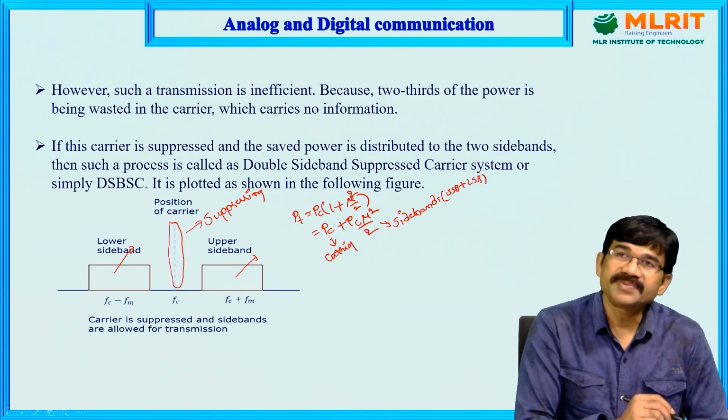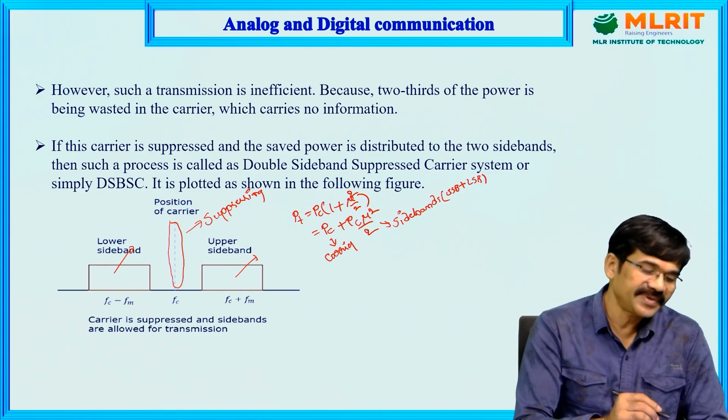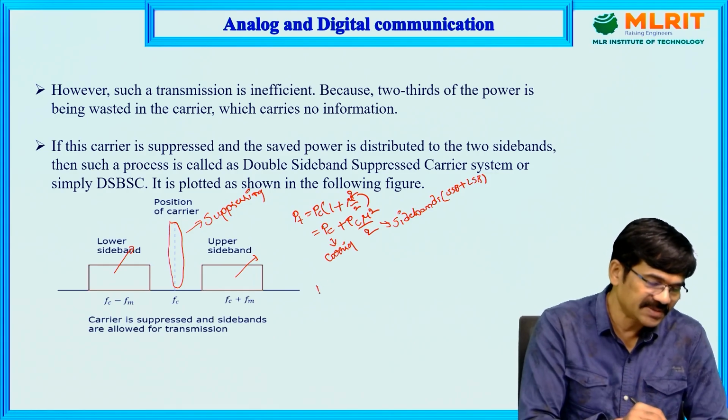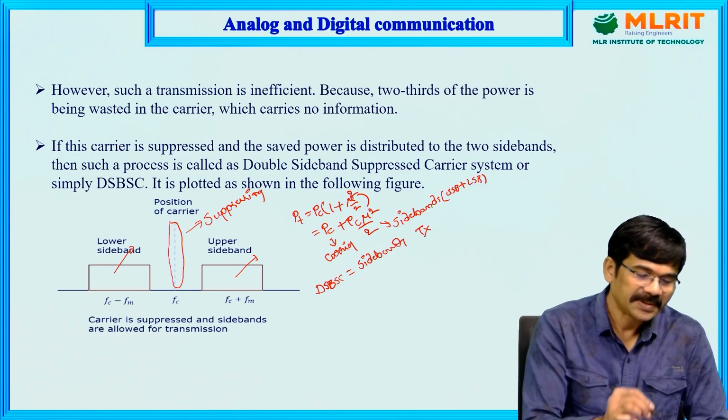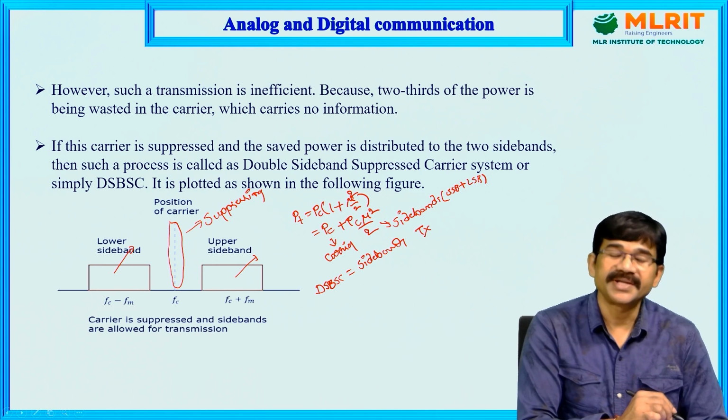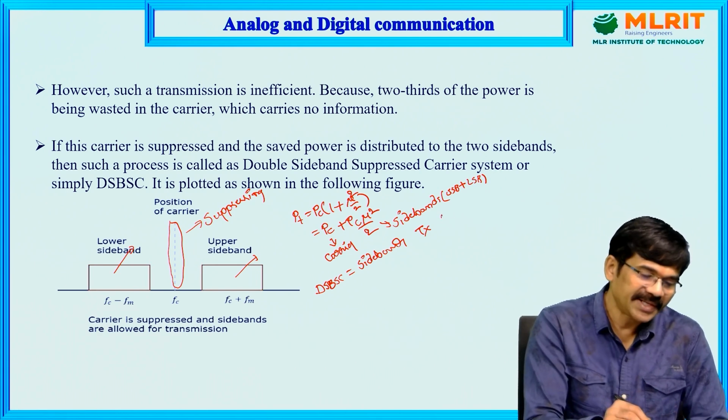In DSBSC, only the sidebands are transmitted, so the power contained in DSBSC is PC mu square by 2.